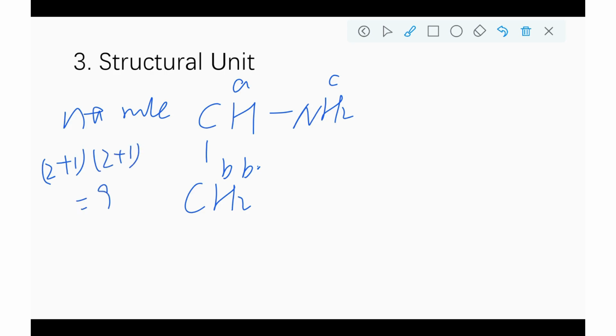So it should be 9 peaks in total, but of course we're not really going to see 9 peaks on a graph, because there are definitely going to be peaks that overlap. So we're just going to say it is a multiplet.